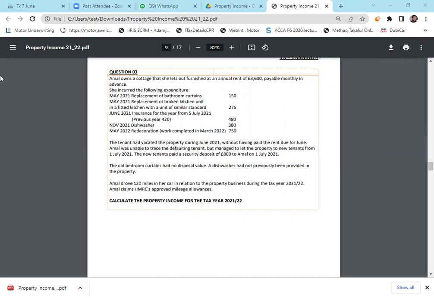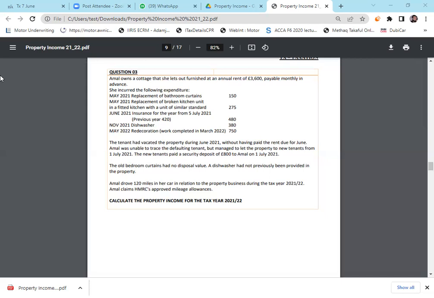The tenant vacated the property during June 2021 without having paid the rent due for June. Amal was unable to trace the defaulting tenant but managed to let out the property to new tenants from 1st July 2021. The new tenants paid a security deposit of £800 to Amal on 1st July 2021.